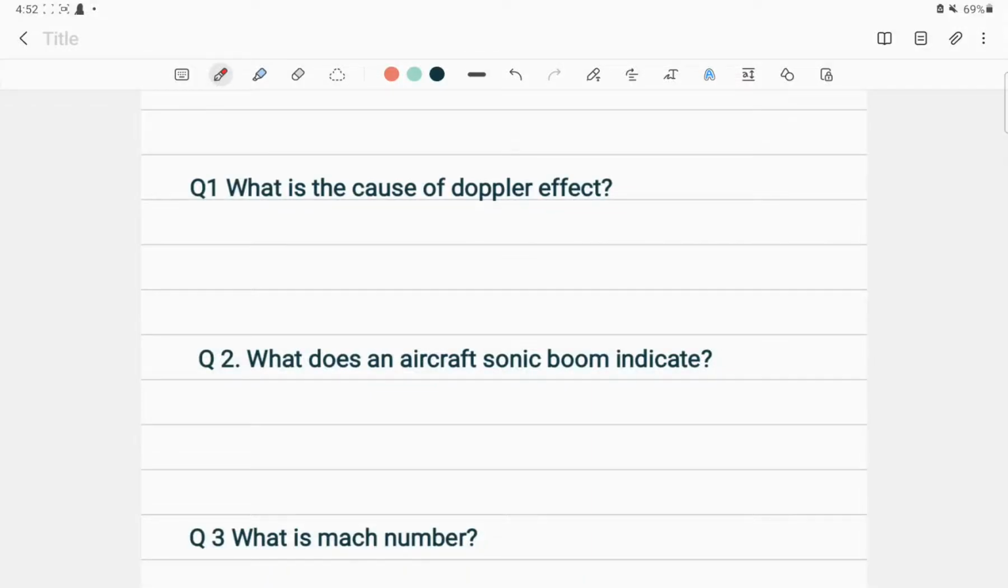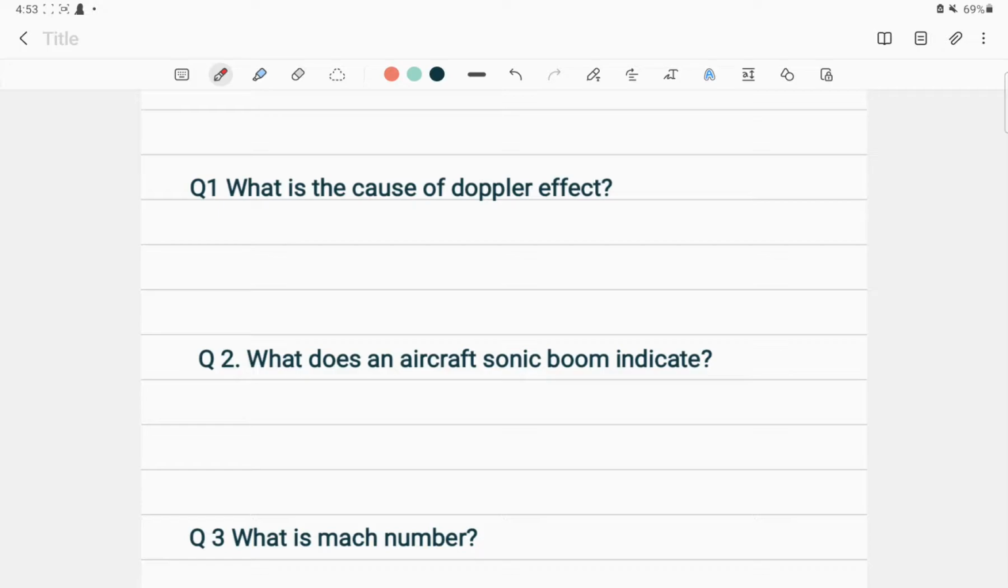In this video, I'm explaining very important questions from Doppler effect. The first question here is, what is the cause of Doppler effect? When there is a relative motion of sound source and observer, it gives rise to a variation of perceived frequency.